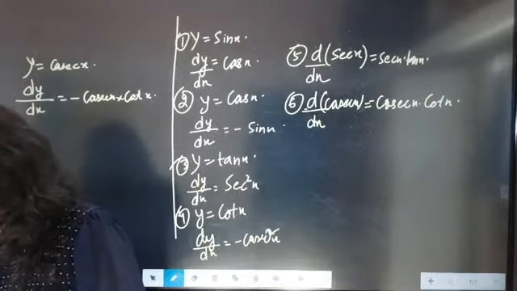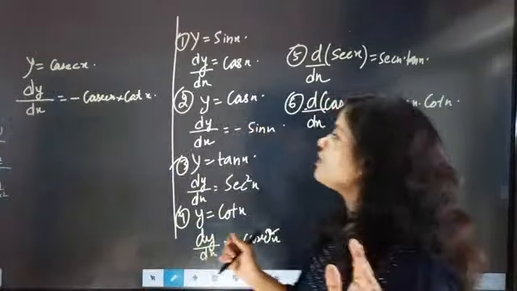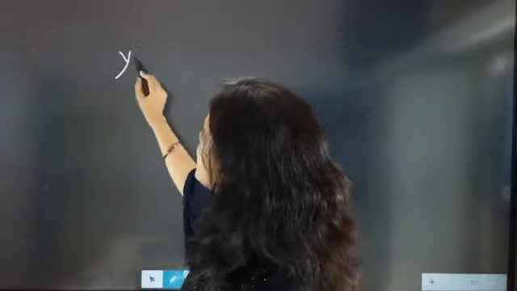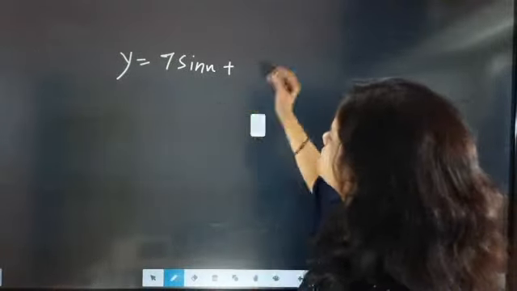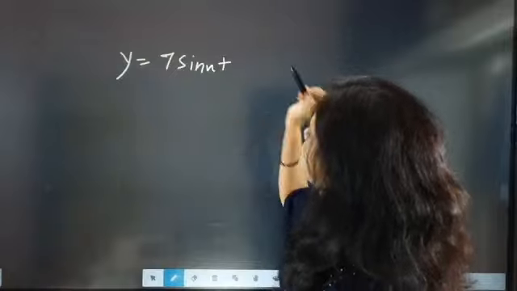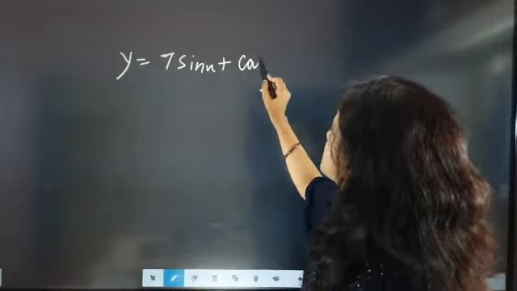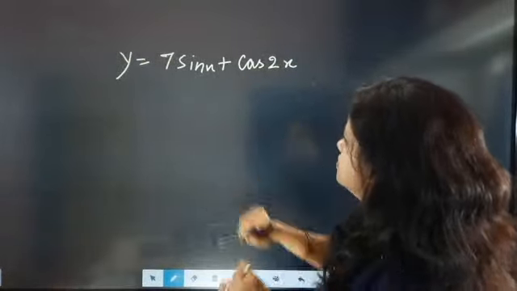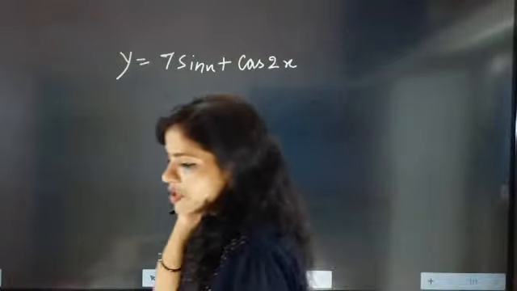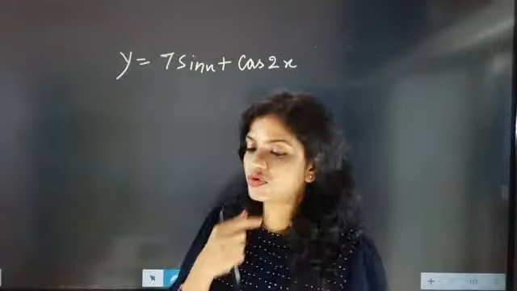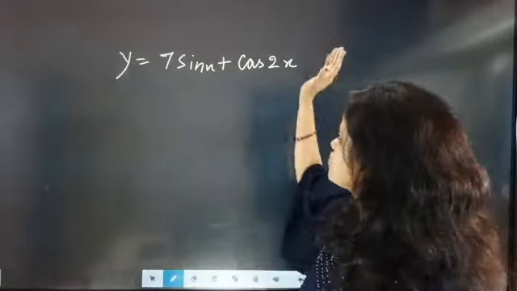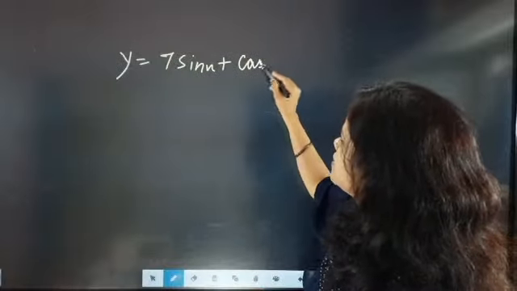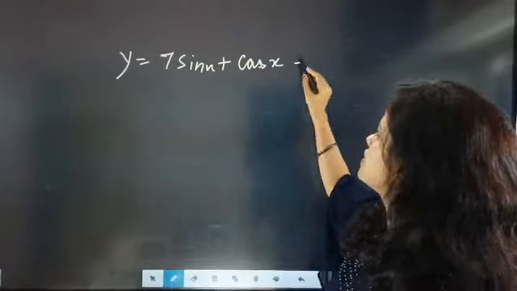Now let's see some questions, how to handle them, not by first principle, directly you have to solve the questions. Your question is given: y will be equal to 7 sin x plus cos x plus tan x.